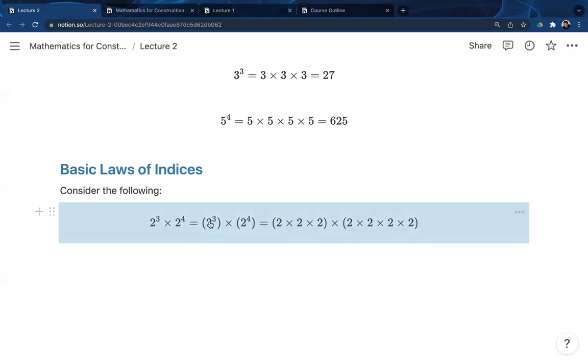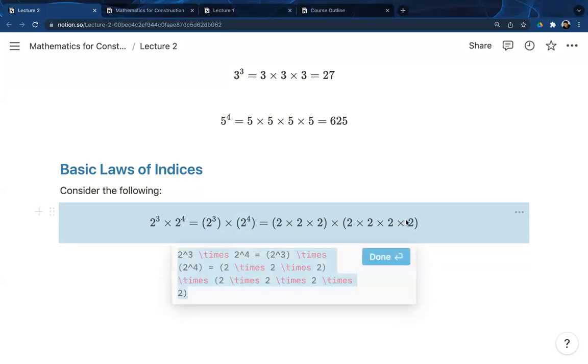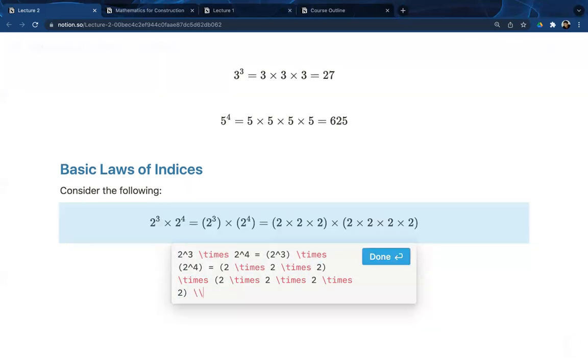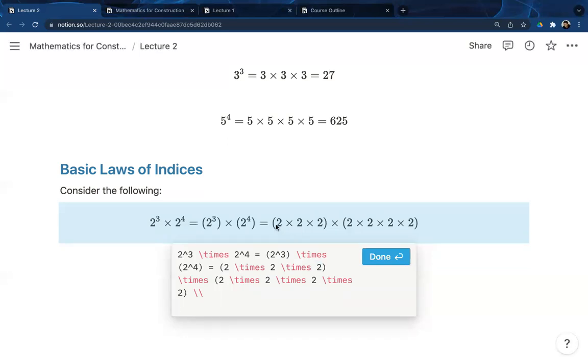So 2 cubed, the one on the left, is 2 by itself 3 times, and 2 to the power 4 is 2 by itself 4 times. The question is, how many 2s do I end up with in total? I have 1, 2, 3, 4, 5, 6, 7. That's 7 2s in all.